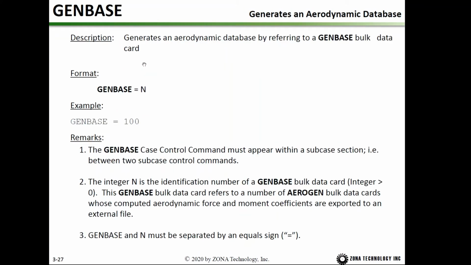GENBASE generates an aerodynamic database by referring to a GENBASE bulk data card. So you say GENBASE equal to n, and then you have to have a GENBASE bulk data card with ID equals n.